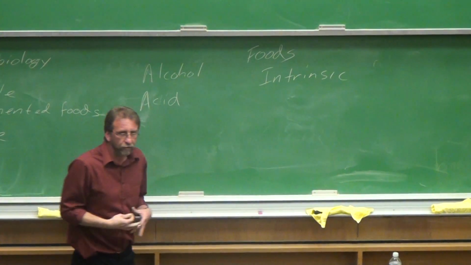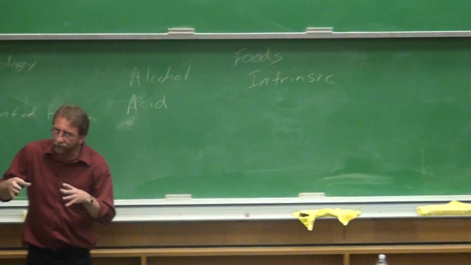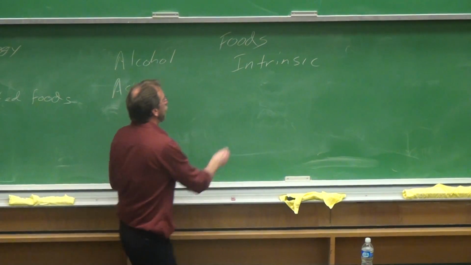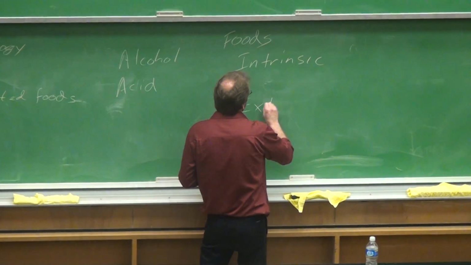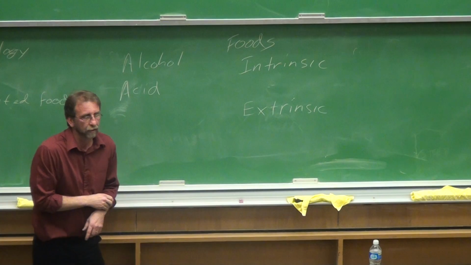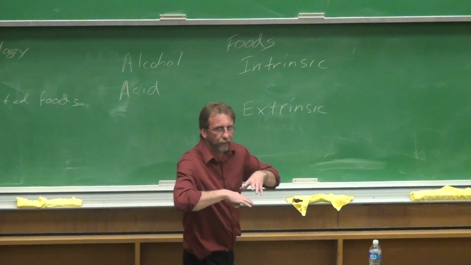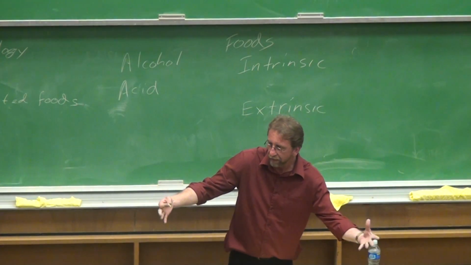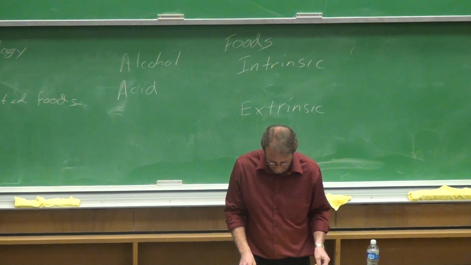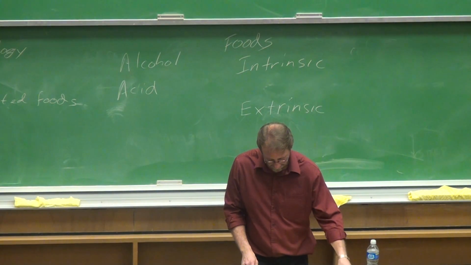We can have intrinsic factors. These are going to be factors that are part of the food, and we can have extrinsic factors. That would be stuff that is outside the food itself, outside the food proper. Temperature and atmosphere, for example.